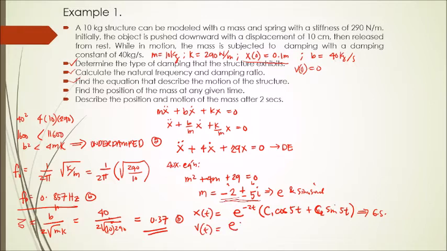E negative 2t times negative 5 C1 cosine 5t plus 5 C2 cosine 5t minus 2e to the negative 2t times C1 cosine 5t plus C2 sine 5t.